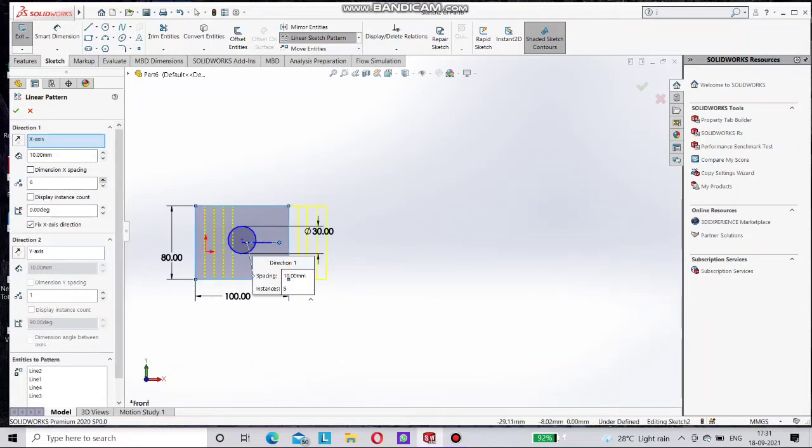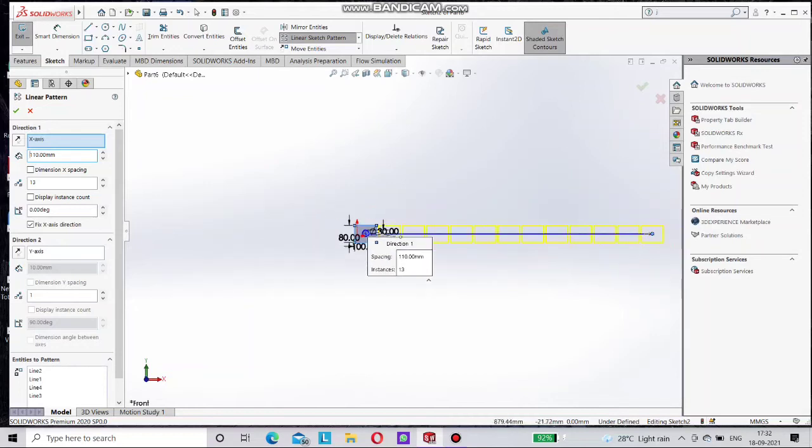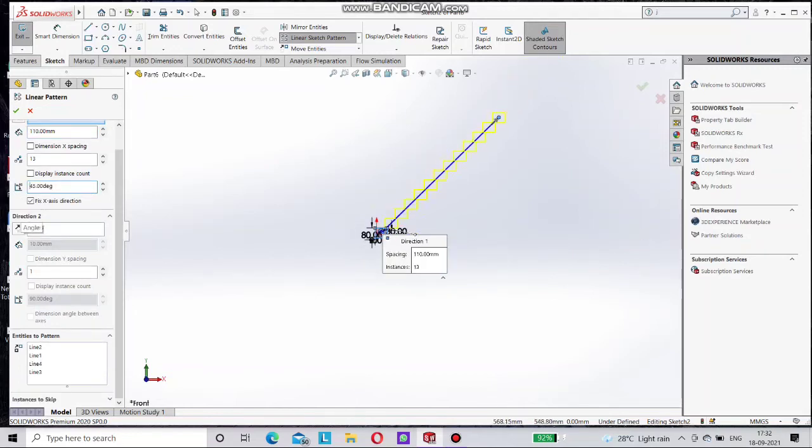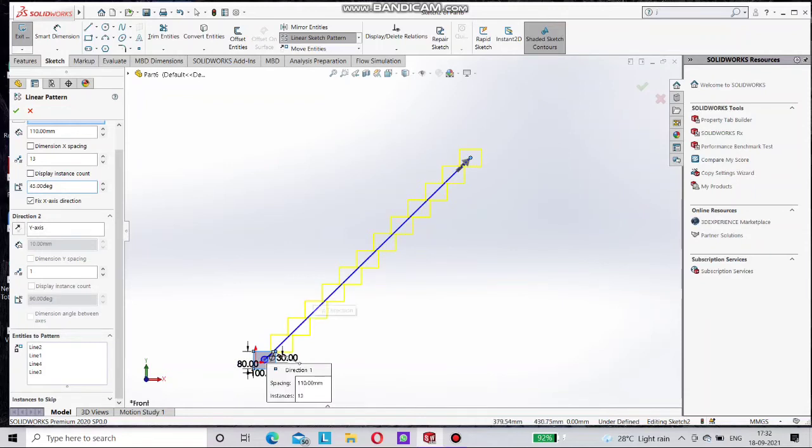and now we are going for angle. So first of all, I have to select all these patterns and dimension, and go for the angle as a 45 degree. You can see here pattern in 45 degree.